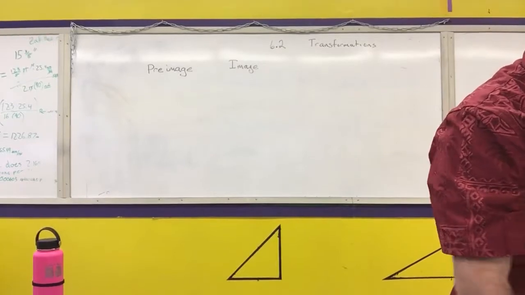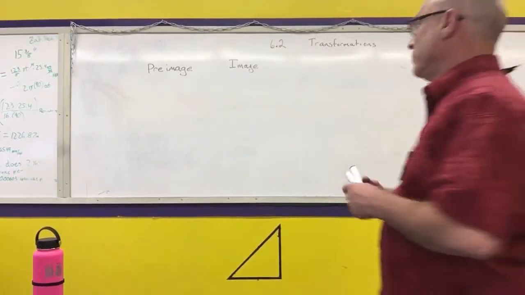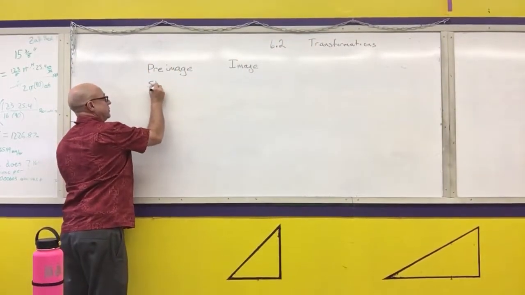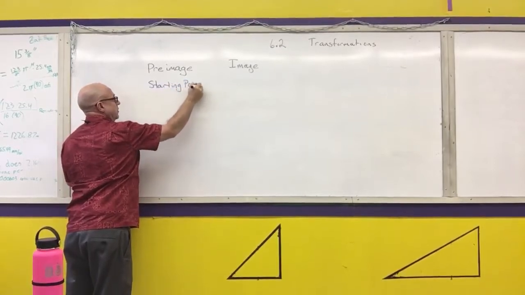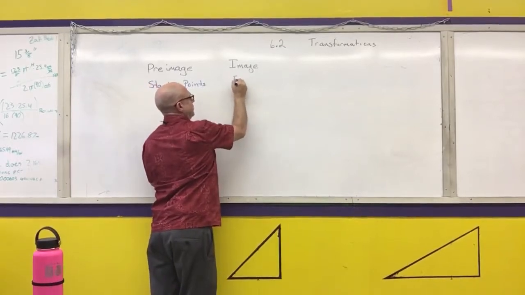The pre-image is where you start. So these are my starting points. The image would be my endpoints or ending points.